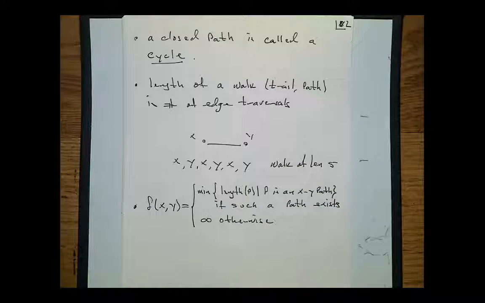That's the distance from x to y. Notice the distance from x to y is the same as the distance from y to x, because an xy path is the same as a yx path.